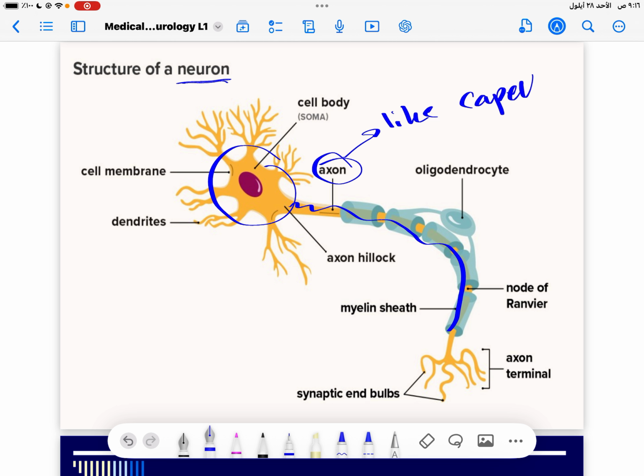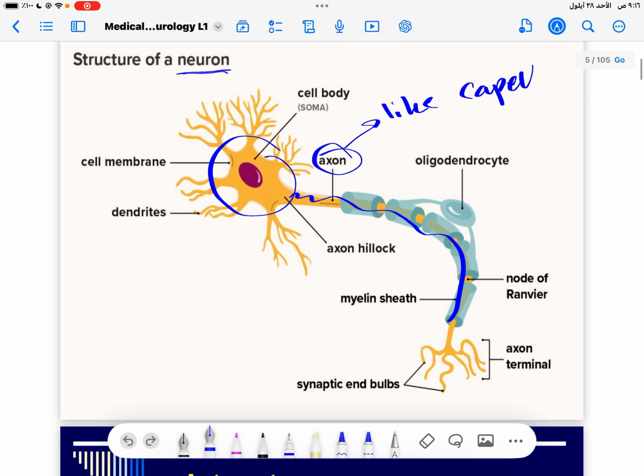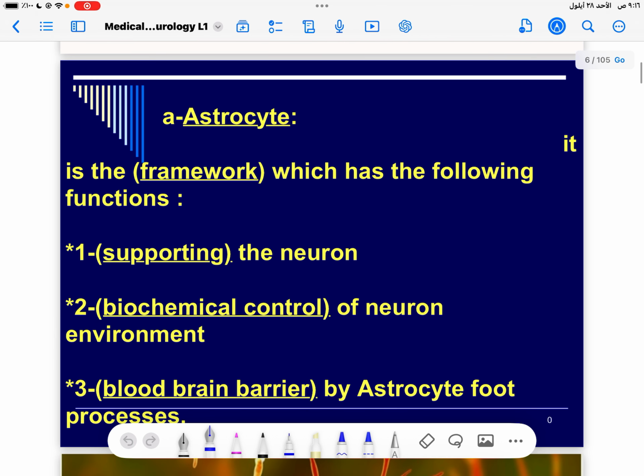And the myelin sheath is produced by the oligodendrocytes. We'll come to that later on. Okay, so we start with the astrocyte.